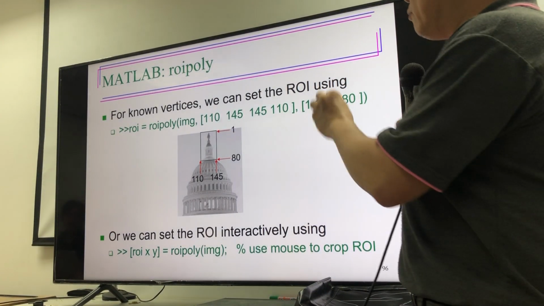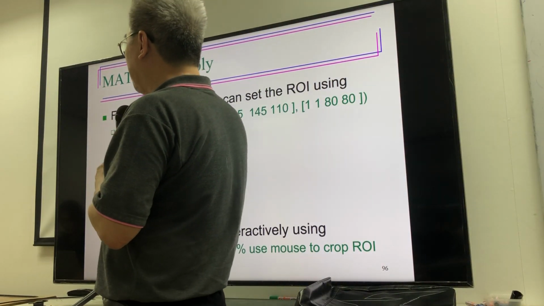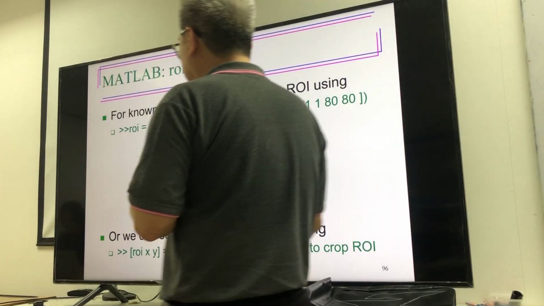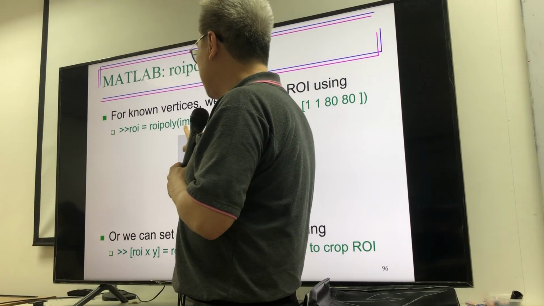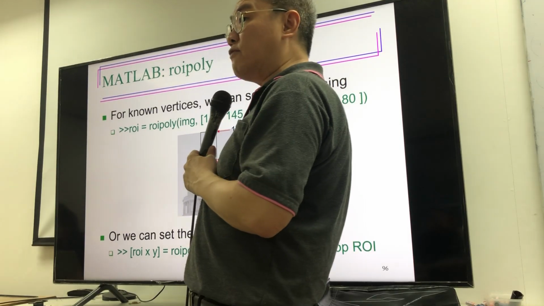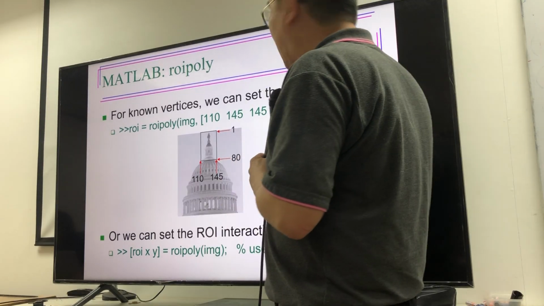Anyway, in MATLAB we can use roipoly, which defines the region of interest. You specify the image, then the x values and the y values.